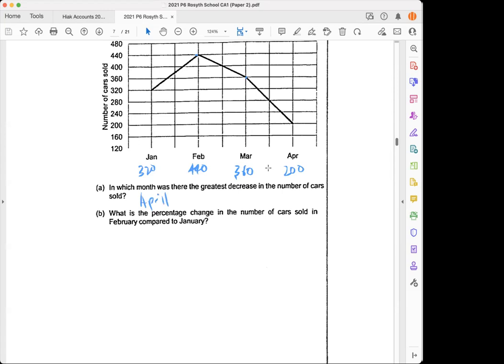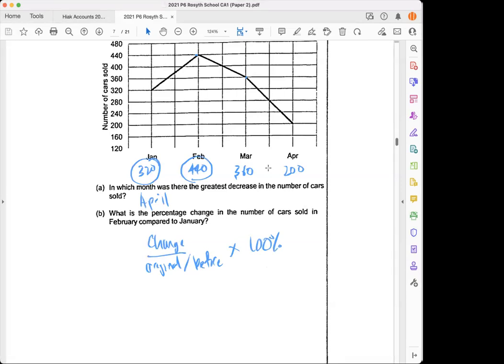B, what's the percentage change in the number of cars sold in February compared to January? So you're comparing February and January. The percentage change is the change over the original, or the before, multiplied by 100%. It's always the change over the before or the original, multiplied by 100%.